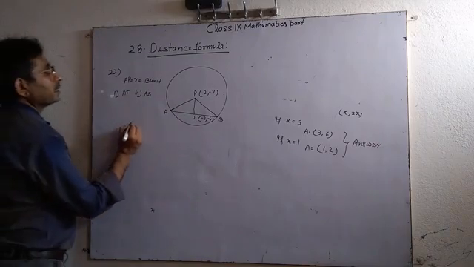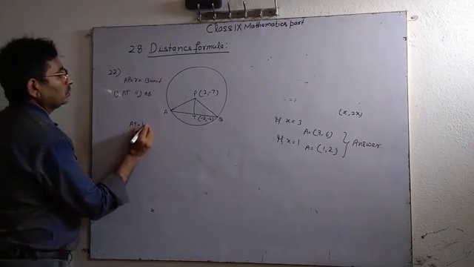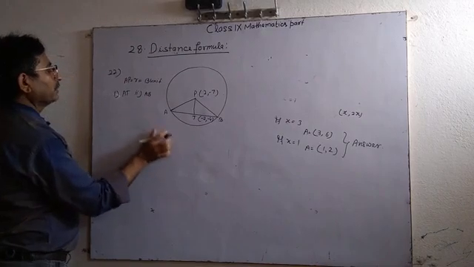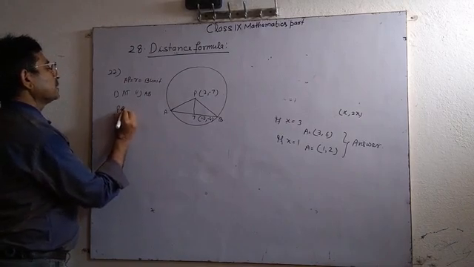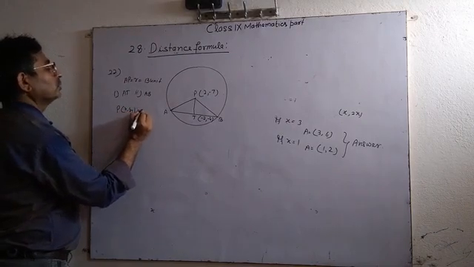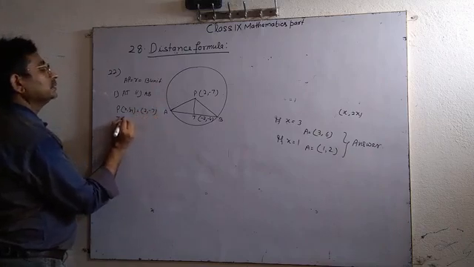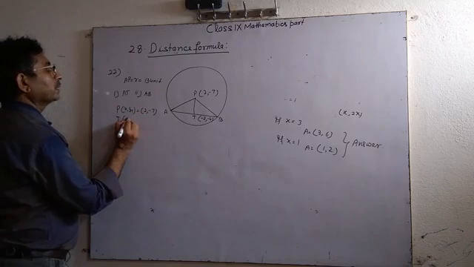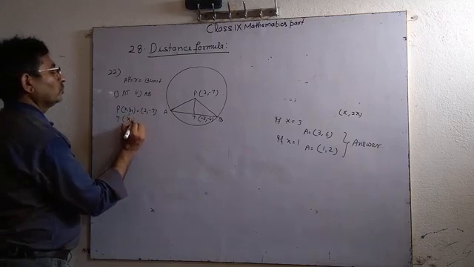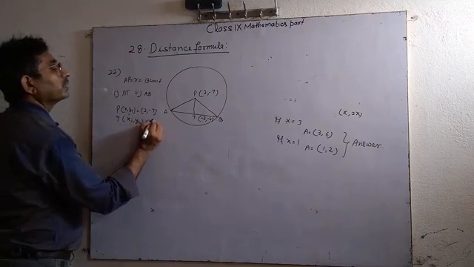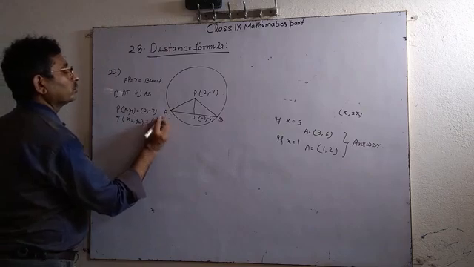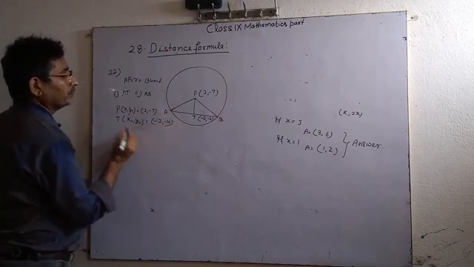For this, consider P as x1, y1 which is 2, minus 7, and T as x2, y2 which is minus 2, minus 4.